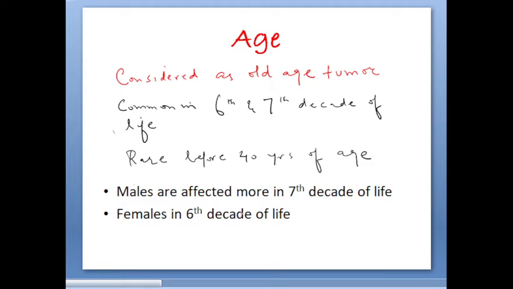It is very rare below 40 years of age. The males are more affected, and it is common in the 7th decade of life in one study, and in females it is seen earlier, that is, in the sixth decade of life.